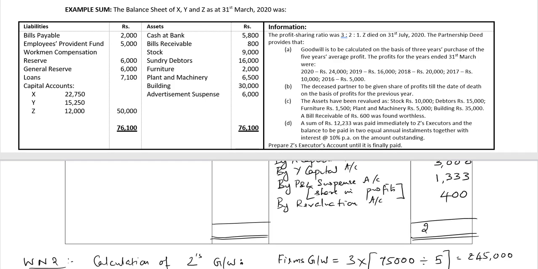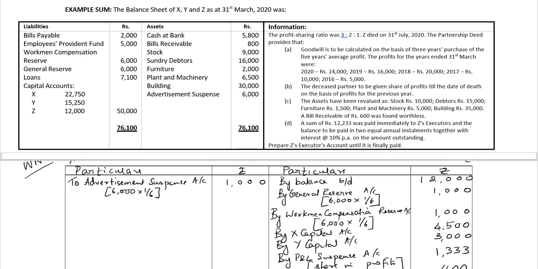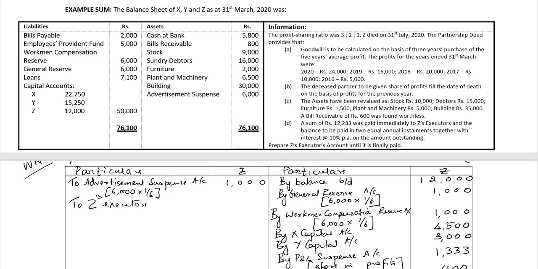Total of the credit side 23,233. So the amount which is transferred to Z's executor's account is 23,233 minus 1,000, which is 22,233.